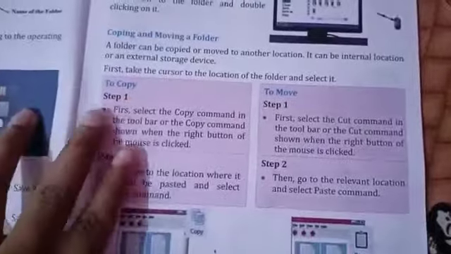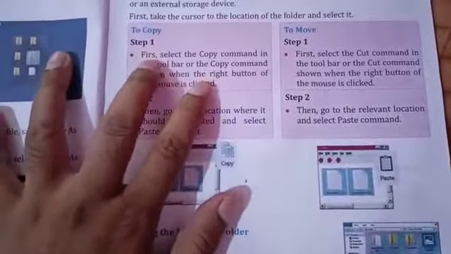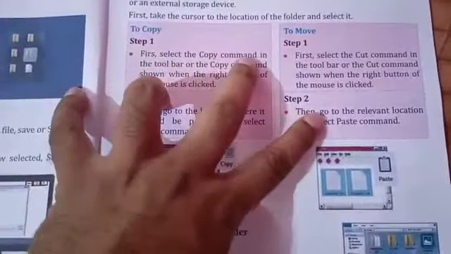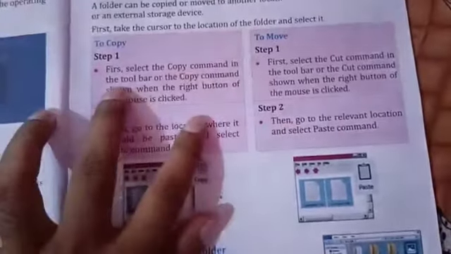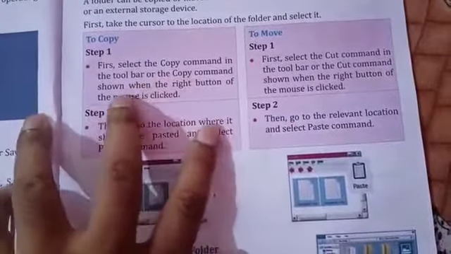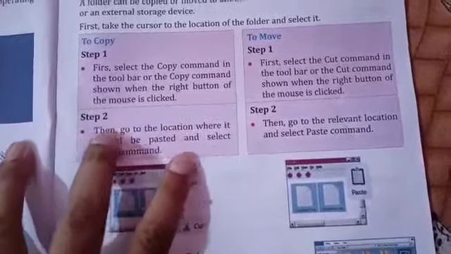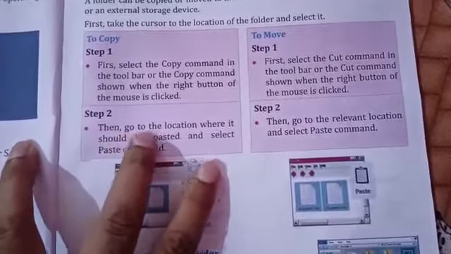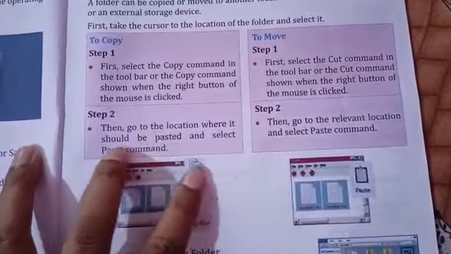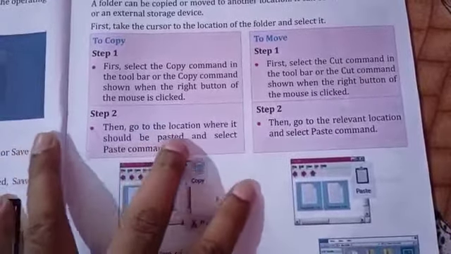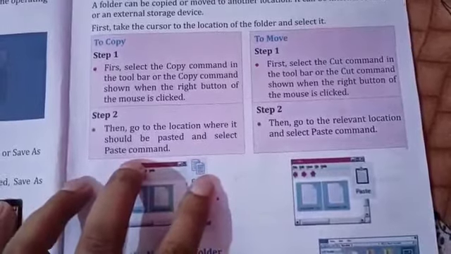First, copy. Step one, select the copy command in the toolbar, or the copy command shown when the right button of the mouse is clicked. Step two, go to the location where it should be pasted and select the paste command.